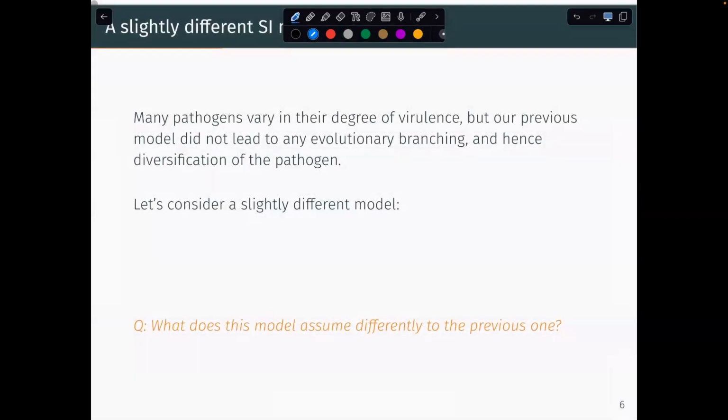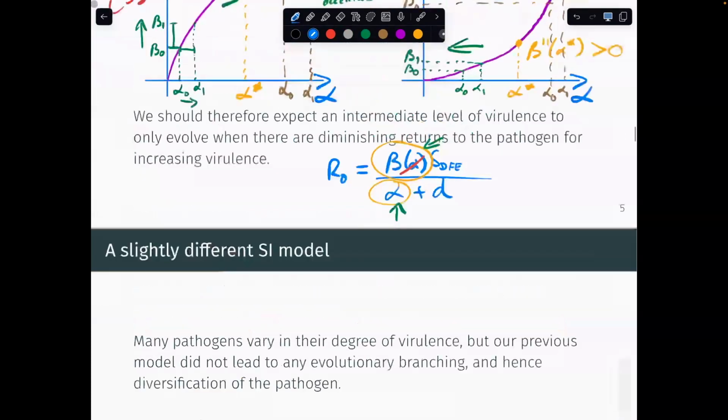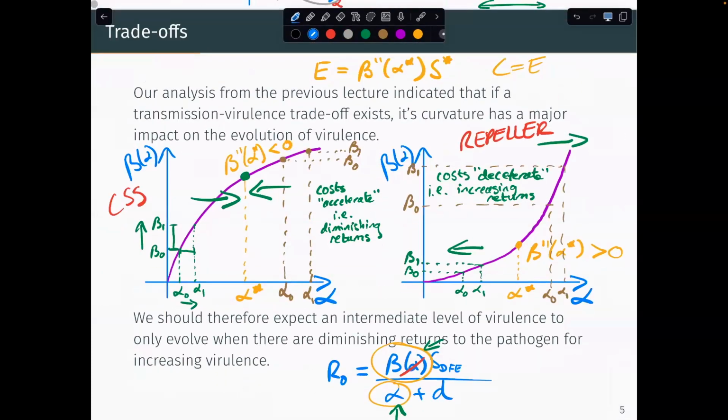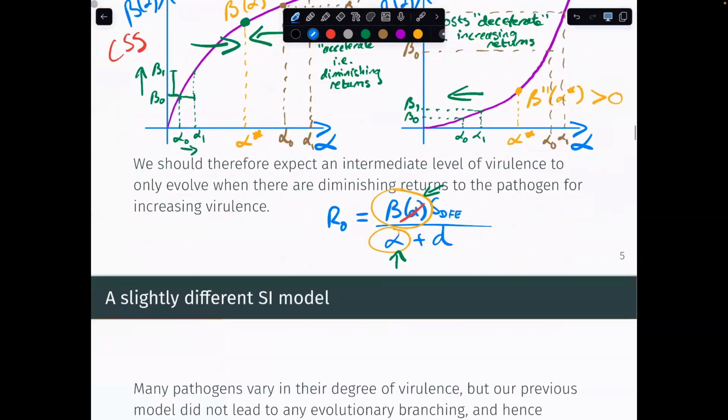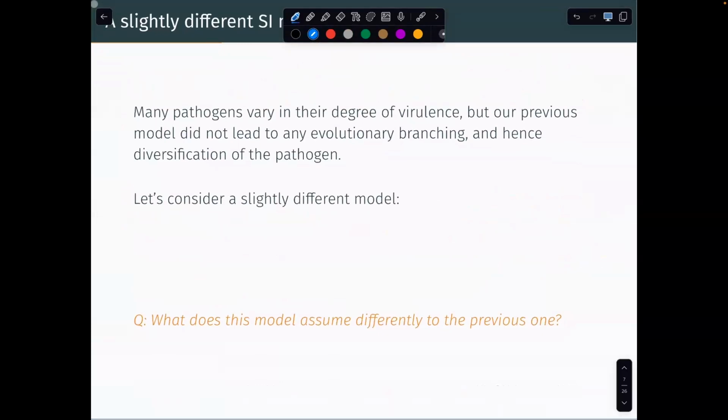Okay, so let's think about what happened. In the last lecture, we had this scenario on the left-hand side. Well, we actually showed both scenarios, essentially, right? We only found that you could get a CSS or a repeller with our particular model of virulence evolution, okay? One of the things that we do observe in nature is that within different strains of a pathogen, say something like COVID, there will be strains that are more virulent and strains that are less virulent.